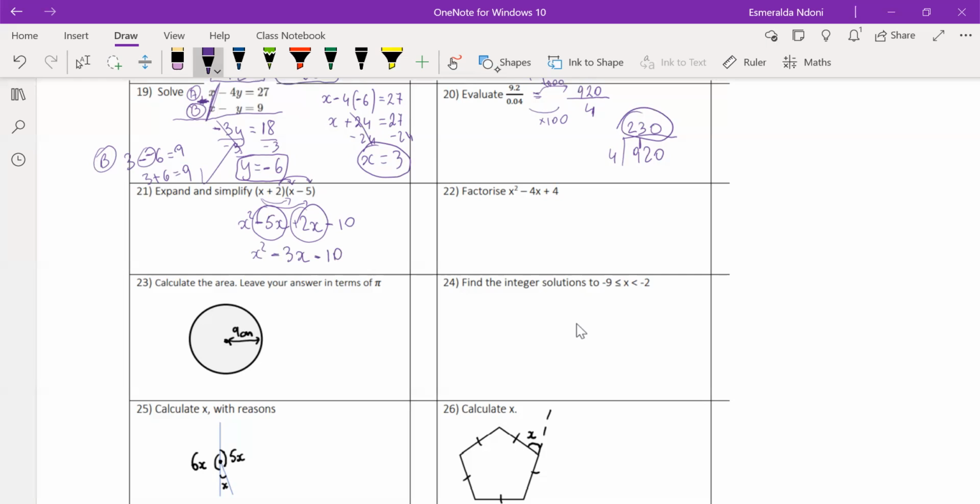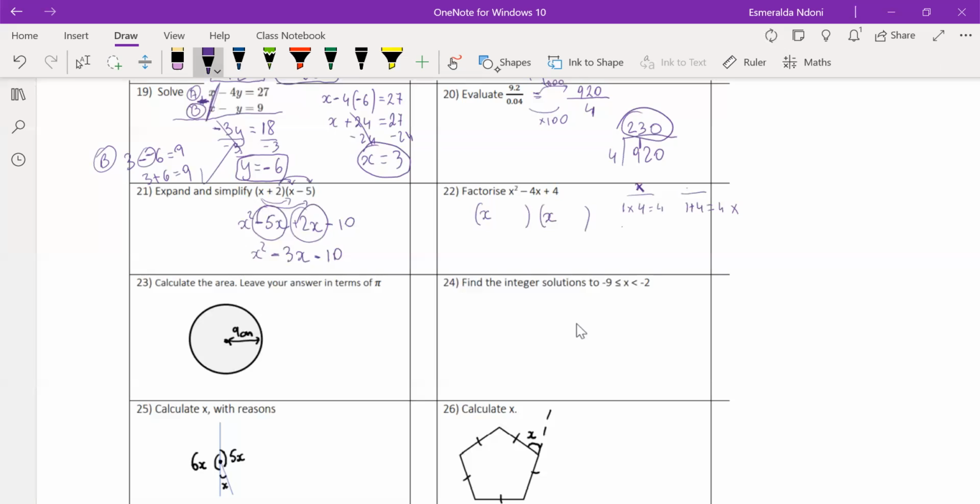And that's finished. Factorize. To factorize, we need to make brackets. And because we have an x squared, we know that we had 2 x's in here before we got the x squared. Our aim now is to find the other 2 numbers. So what 2 numbers multiply to 4, but add to negative 4? So 1 times 4 is 4. Is 1 add 4, 4?